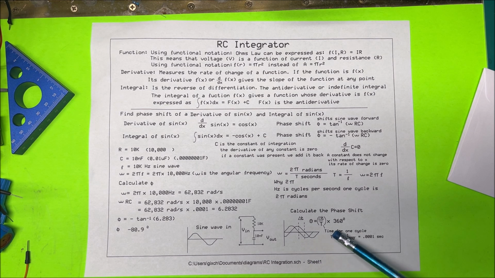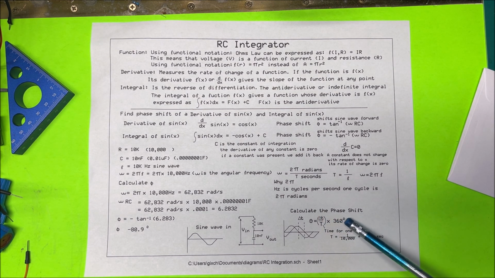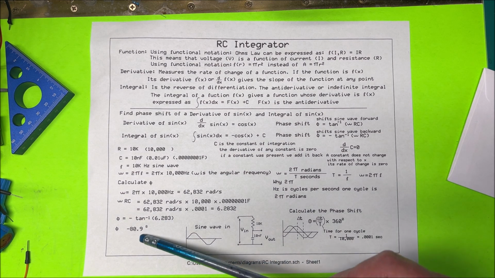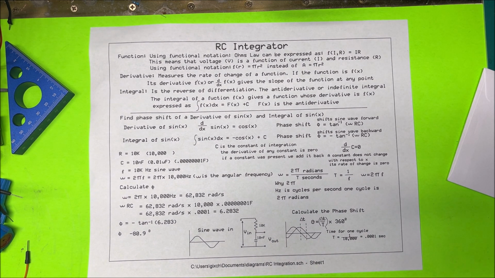And then we divide that by the time for one cycle, which is our 10,000 divided into 1, okay? And then we multiply that by 360 degrees. When we do this, that should come out to about negative 81 degrees, okay? And we'll head over to the scope, and we'll see what happens.